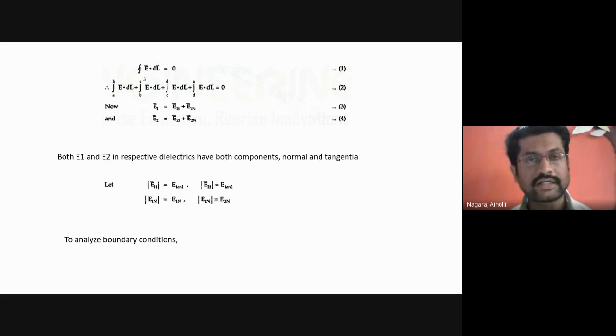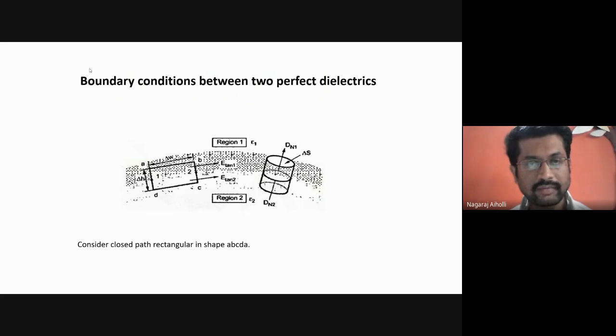Since it is a closed integral, we have to move from A to B, that is, integral A to B E bar dot dl bar plus integral B to C E bar dot dl bar plus integral C to D E bar dot dl bar plus integral D to A E bar dot dl bar, that is equal to 0. We are applying it for A to B, B to C, C to D, and D to A.